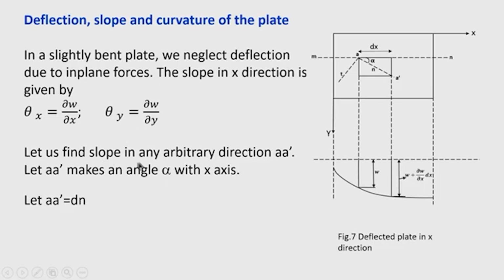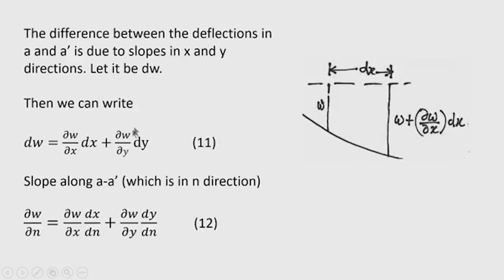Let us find the slope in any arbitrary direction AA'. AA' is this direction, and this direction we call the n direction. This is our x direction, this is the y direction, and the length of this side is dx, the length of this side is dy. So, the difference between the deflection at A and A' is due to the slope in both x and y directions.